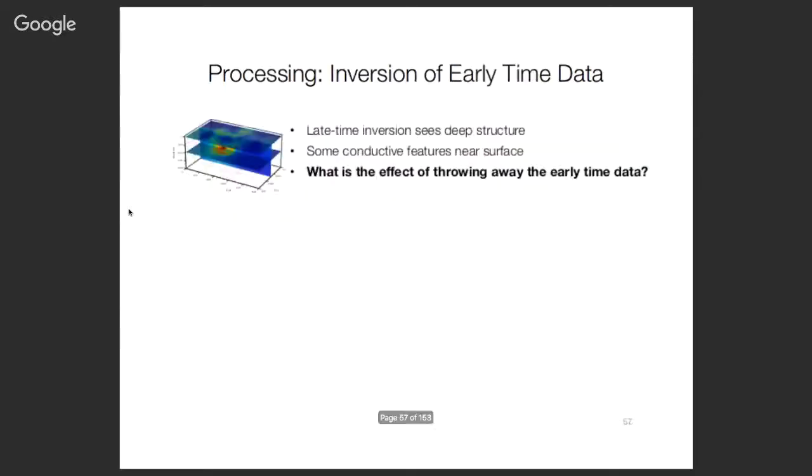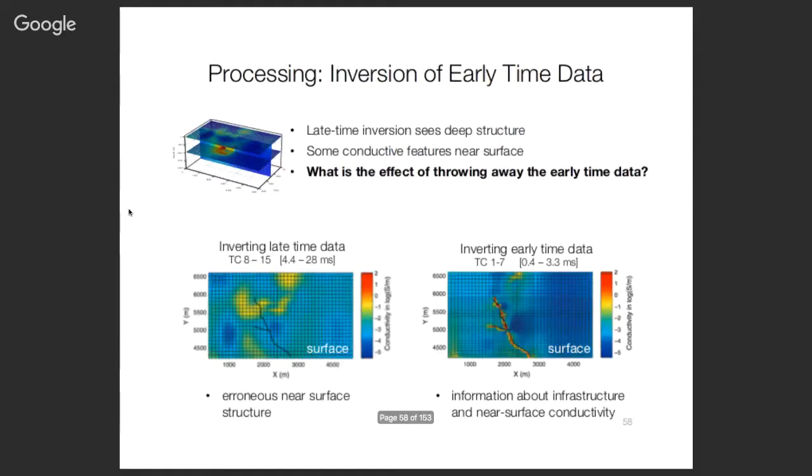So let's do something that people ordinarily don't do. Let's examine the effect of throwing away those early time data. Now we're going to take just the early time data and invert those, and we end up with a conductivity model that looks like this.